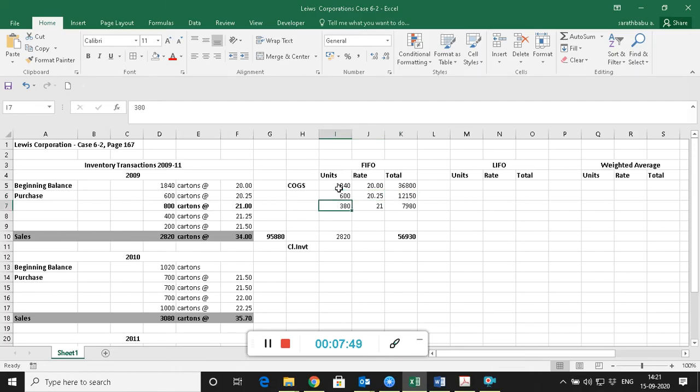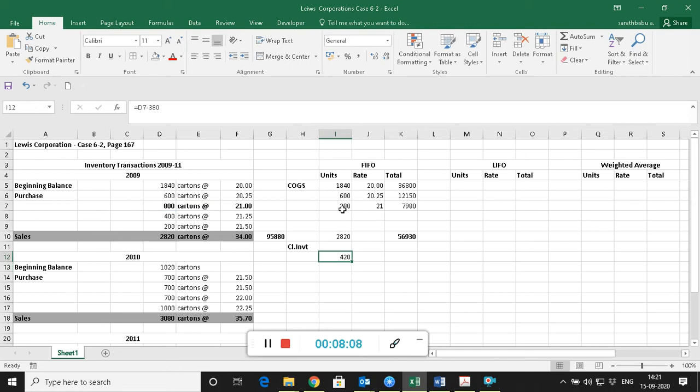Third lot I have taken only 380 units out of 800 units. So how many units are left from the third lot? From the 800 units, let me deduct 380.